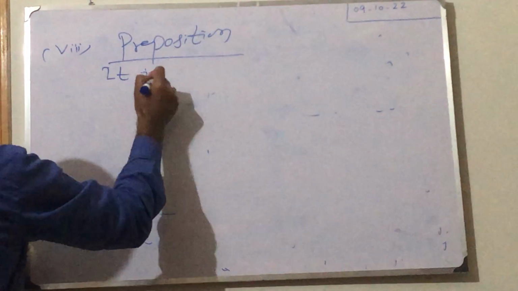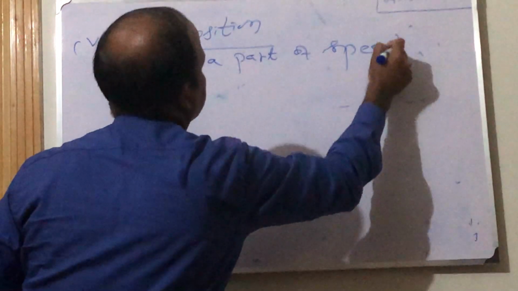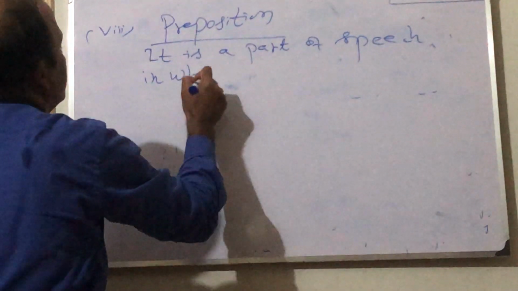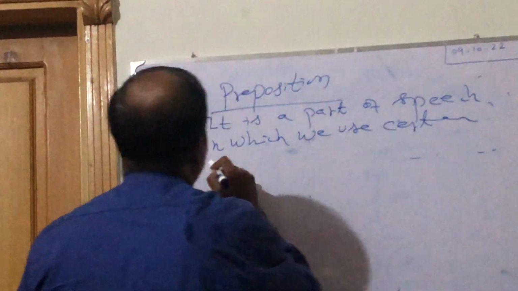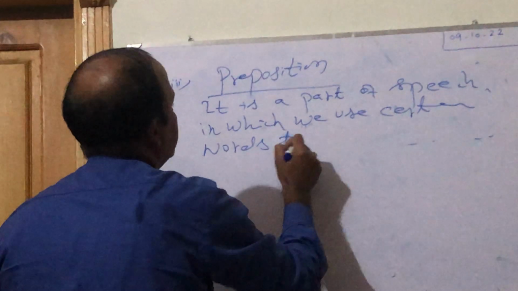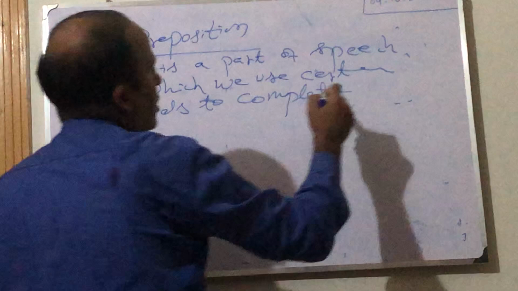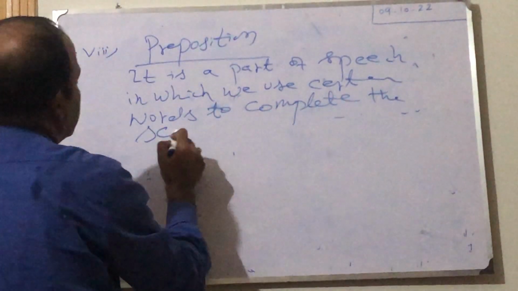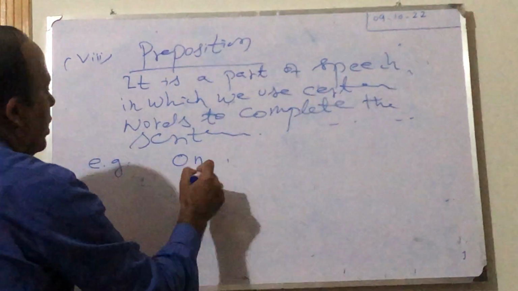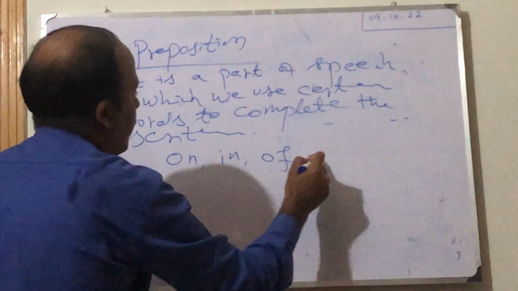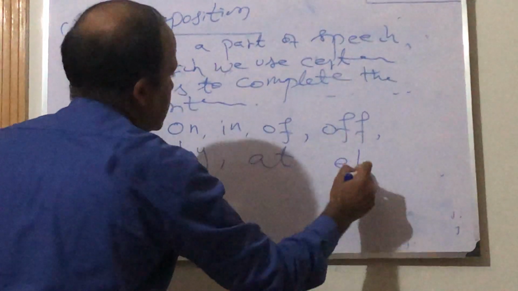It is a part of speech in which we use certain words to complete the sentences, and without them the sentence makes no sense. Examples are like on, in, of, by, at, etc.